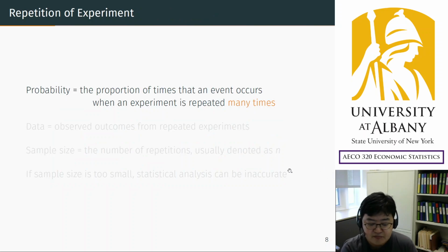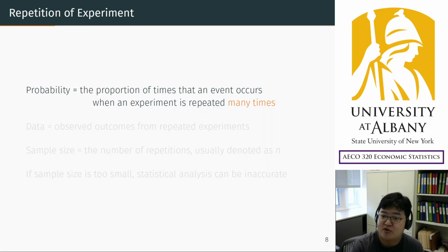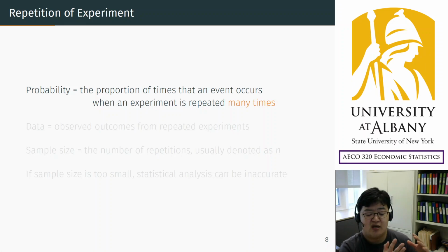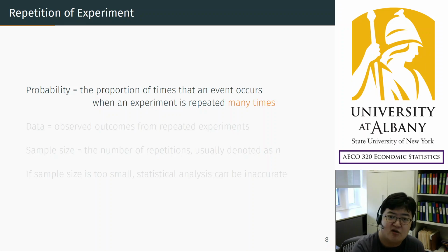And then, on top of that, we can define probability this way. Probability is the proportion of times that an event occurs when an experiment is repeated many times. We defined an experiment and outcomes. So what you have to do to define a probability is to repeat the experiment. If the experiment is repeated, then you observe many outcomes, and out of those outcomes, you calculate the proportion.